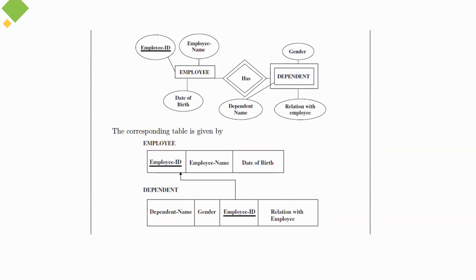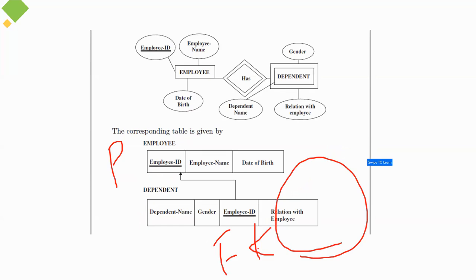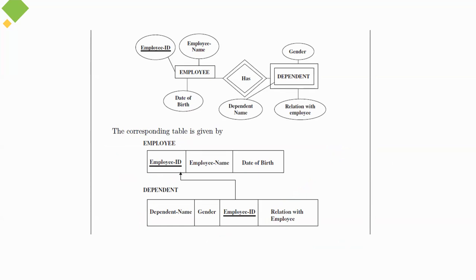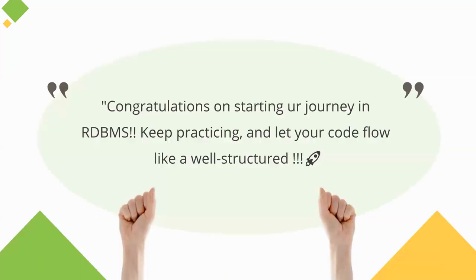See the primary key and foreign key, and what is the relation with the employee. If you have a dependency, you link them like this. So I think you now know how entities are converted into tables.